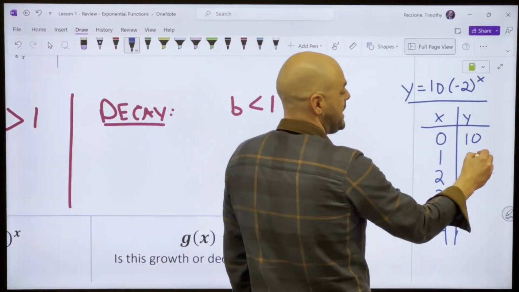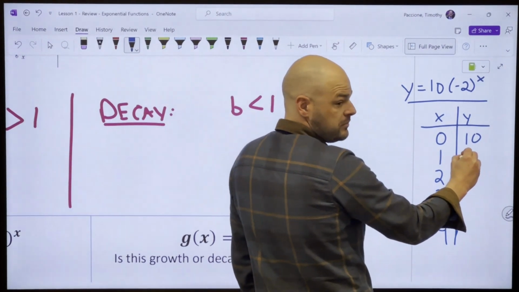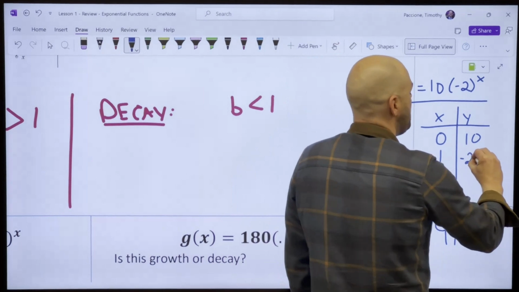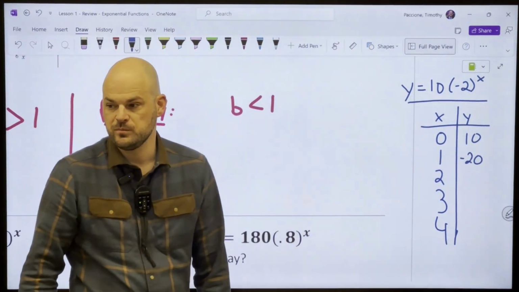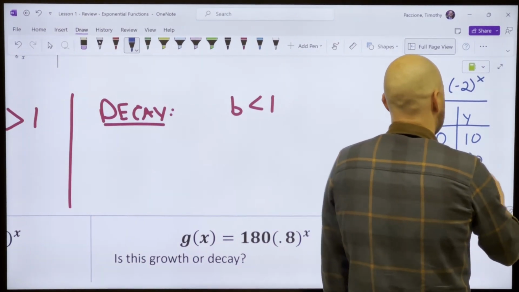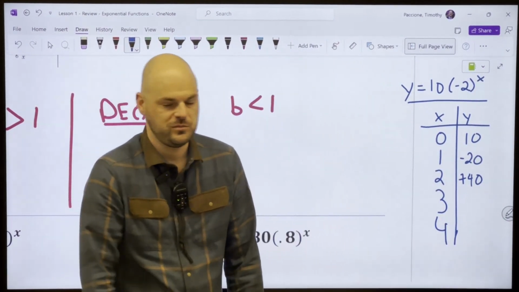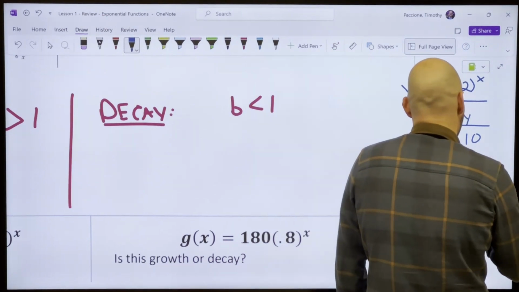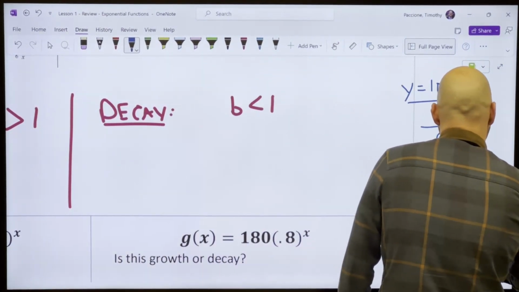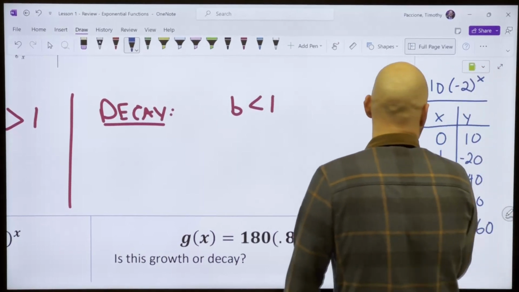Now multiply it by negative 2. It'll be negative 20. Now multiply that by negative 2. It'll be positive 40. Now multiply that by negative 2. Negative 80. Now multiply that by negative 2. 160. How about we graph this?